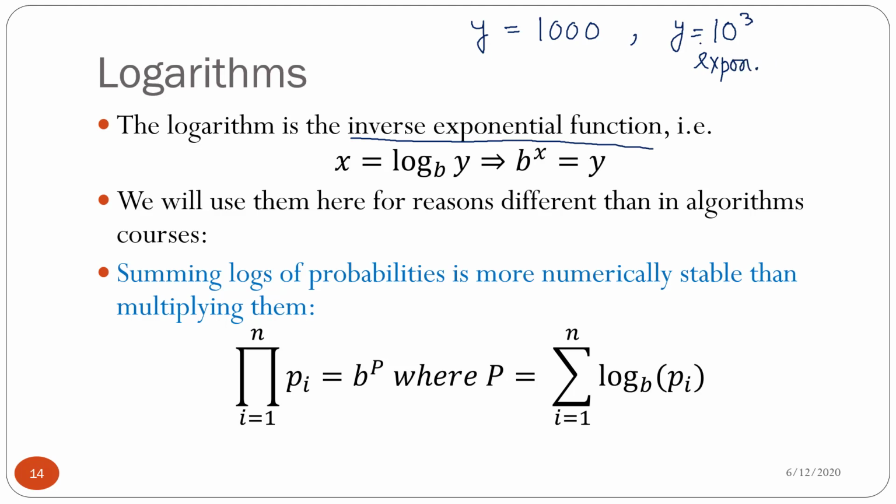Given a base, the base here is 10, and when you say x is 3, I knew the base was 10, I did 10 to the power 3, and I got y, right? This is exponentiation, or the exponential function.